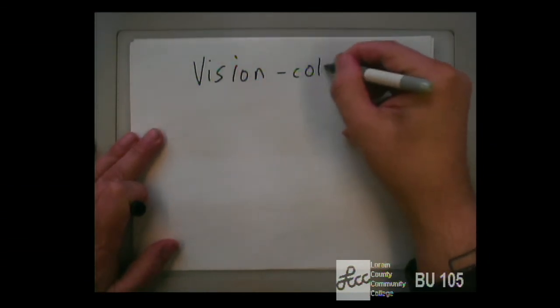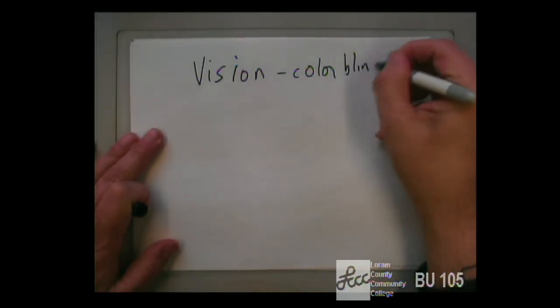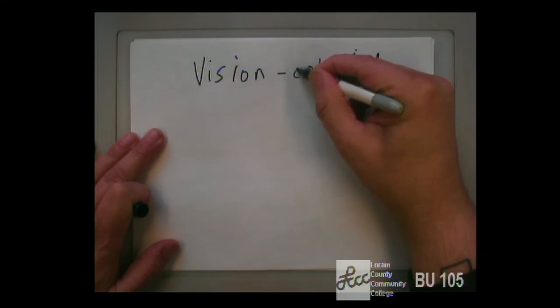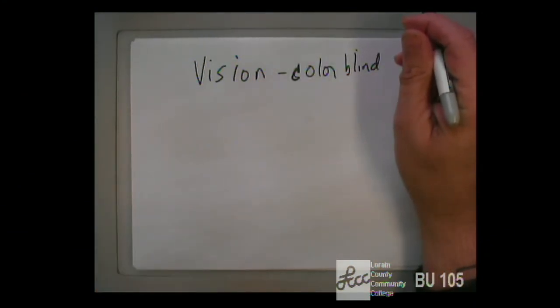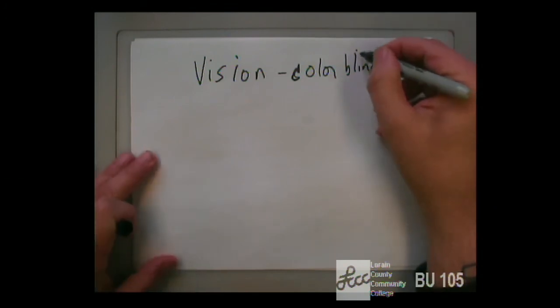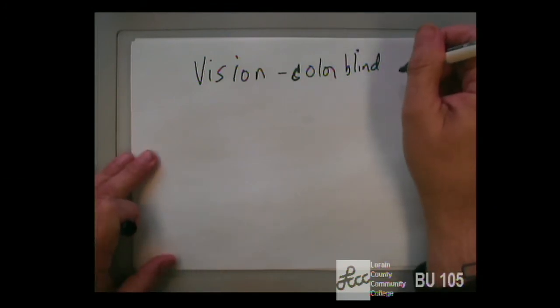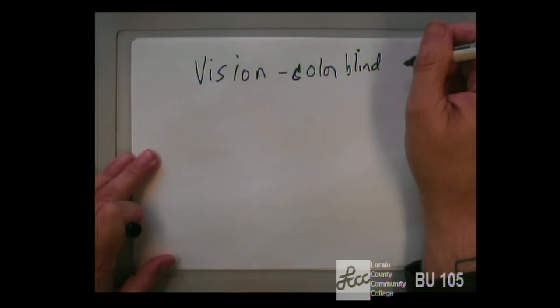What would be an example of a less severe disability? Yes? Colorblindness. Absolutely. A colorblind person can still see. They just have a difficulty distinguishing colors from each other. All right? Now, they're not seeing in black and white. Some people think colorblindness means that you see in black and white.